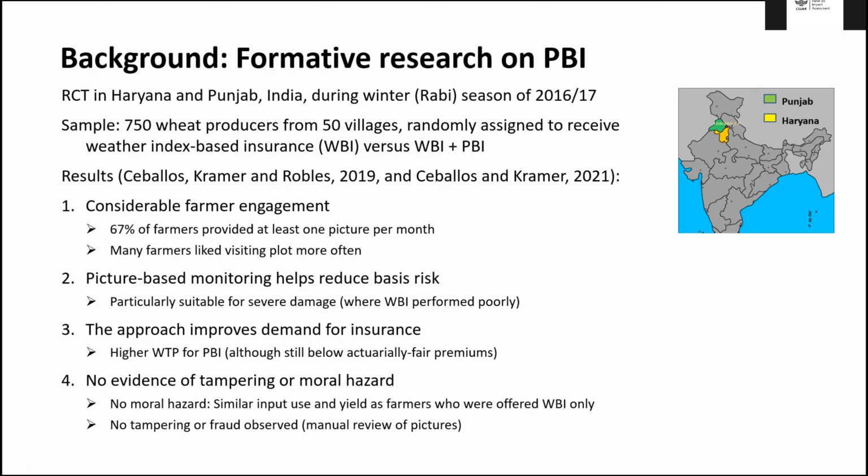Now, the problem is that in general, willingness to pay for insurance is fairly low, and people kind of benchmark around 1.5% or 2.5% of the sum insured. And coincidentally, that is actually the premium that farmers are paying for the National Crop Insurance Scheme.